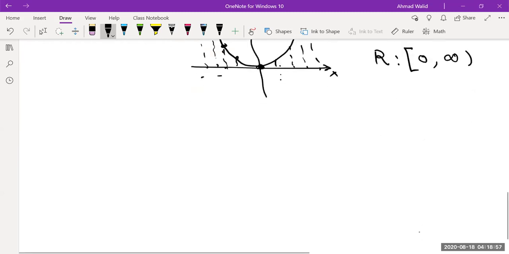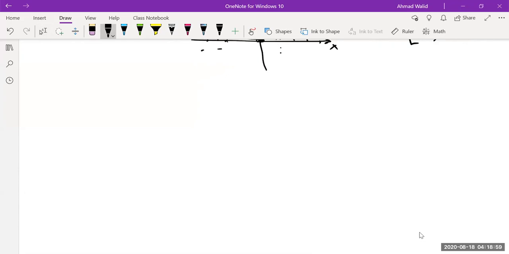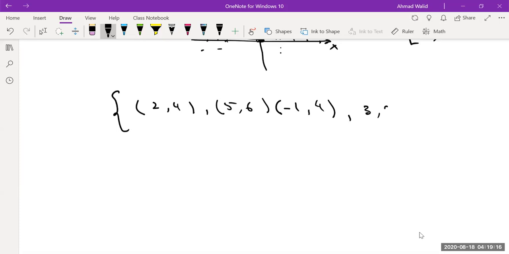Let me do another example in a different way. Let me give you a set of relations. For example, 2, 4, 5, 6, -1, and 4. Let's say 3 and 8.